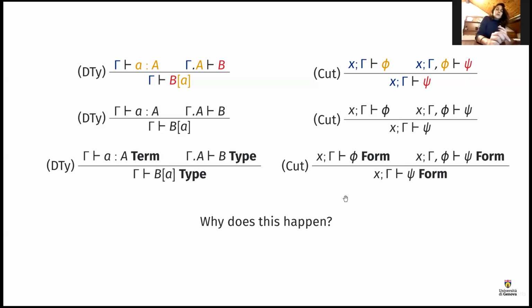What I will try to answer today is, why does this happen? And also, how do rules really work? I only mean this from a syntactic point of view, but how do these judgments combine to get a new rule? Why these rules?